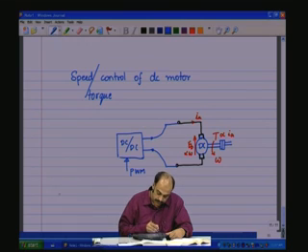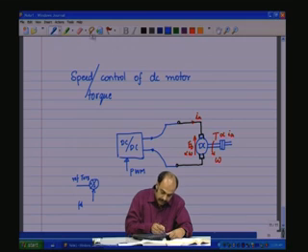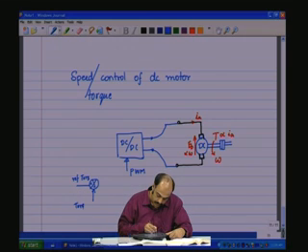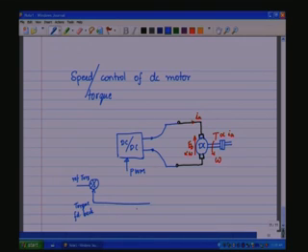So if we have, let us say, a reference torque, plus and minus, compare it with the feedback torque, which is obtained as a function of Ia, isn't it? Torque fed back is proportional to Ia.